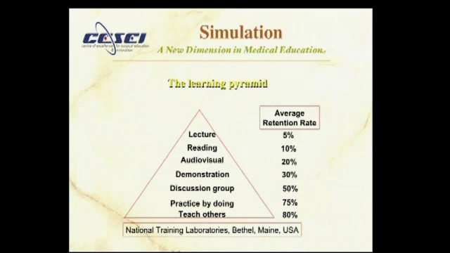According to this learning pyramid, the retention of knowledge after 3 months for lecture is only 5%, and for reading a book it is 10%. If you add audiovisuals, 20%, and it goes on. The highest level of knowledge retention remains with practice by doing, which is based on experiential learning.